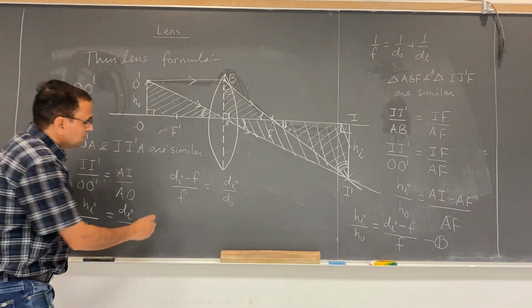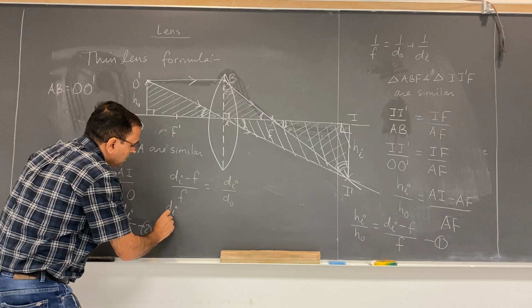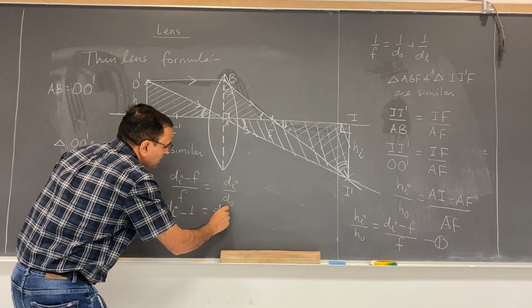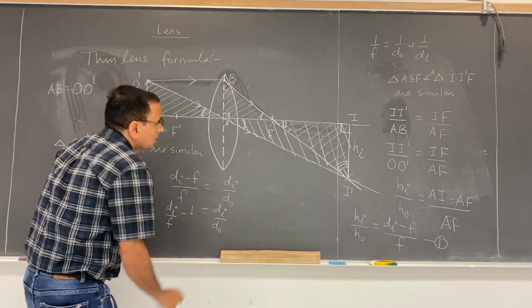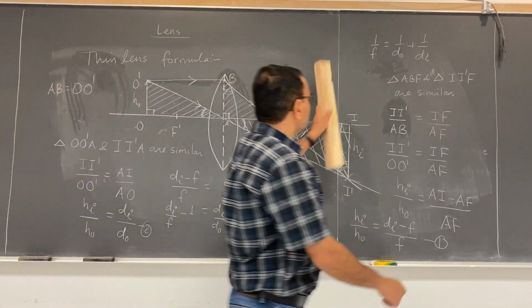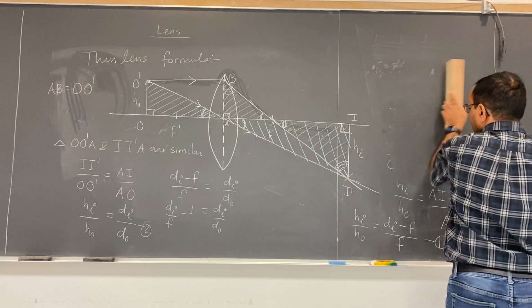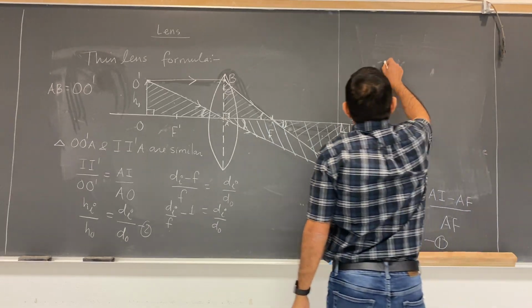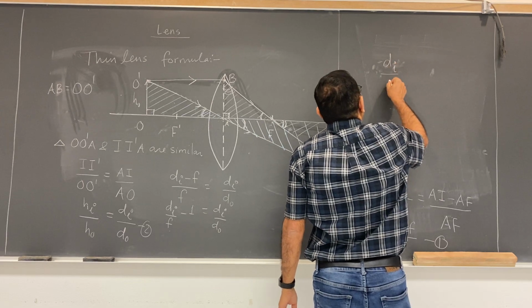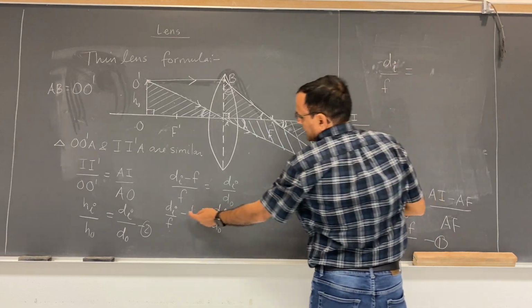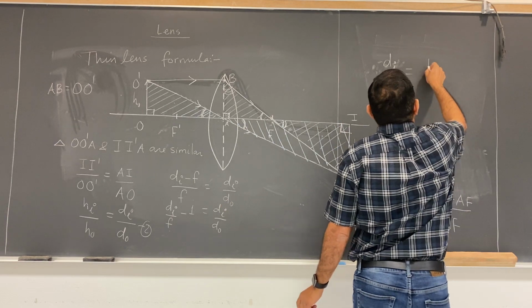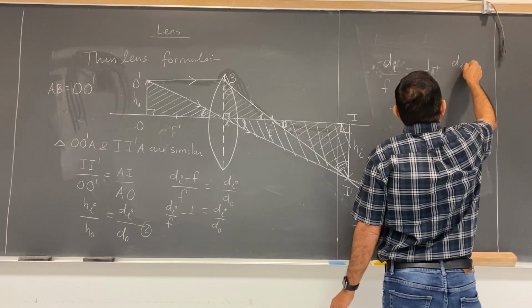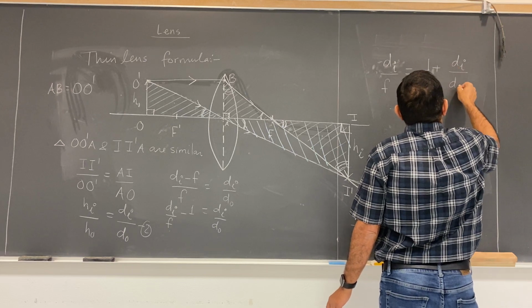Okay, so if you simplify this, this is di divided by f minus 1, equal to di divided by do. From here you can simplify that. di divided by f is equal to negative one, bring it on this side, it is 1 plus di over do.